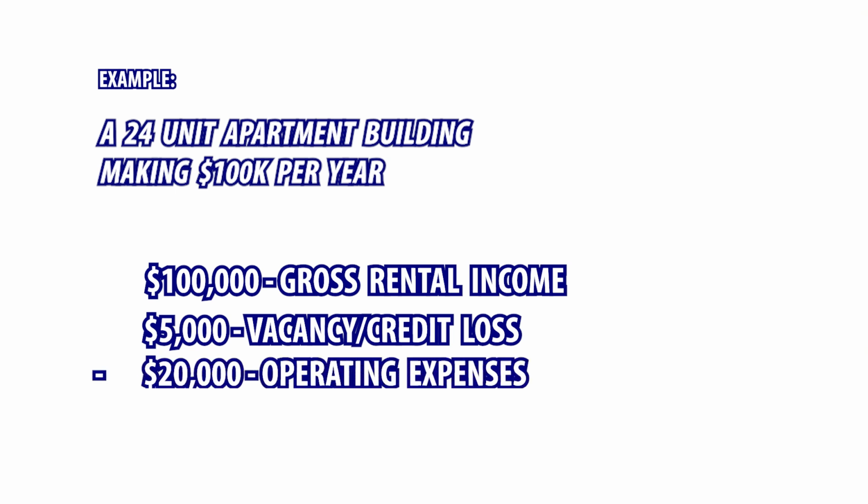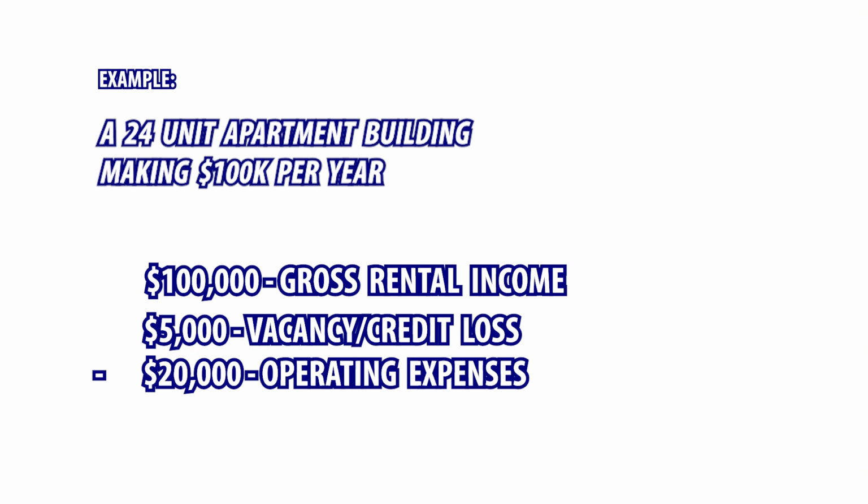And then let's say your operating expenses are $20,000 per year, meaning that's what it costs you to maintain this property. That's what you're paying. So you have gross rental income of $100,000. You have $5,000 vacancy and credit loss, that's what you're going to subtract. And then your operating expenses.